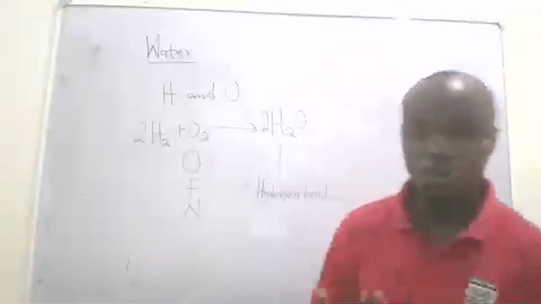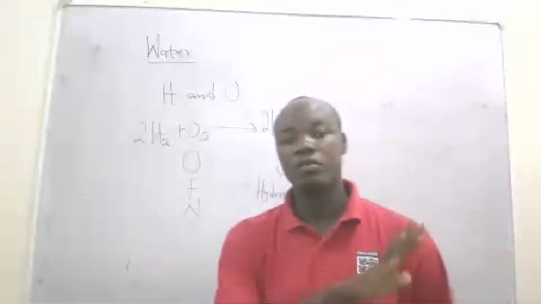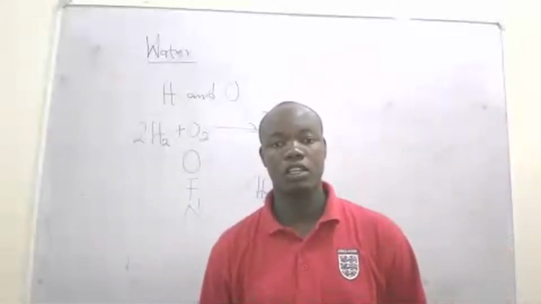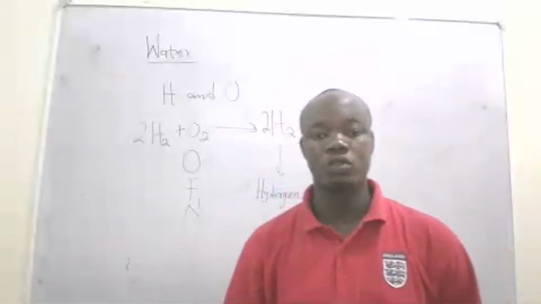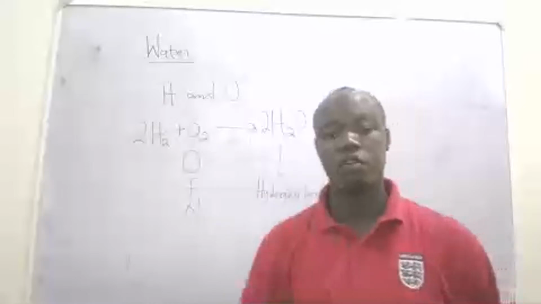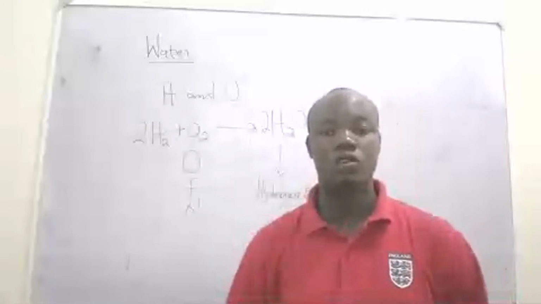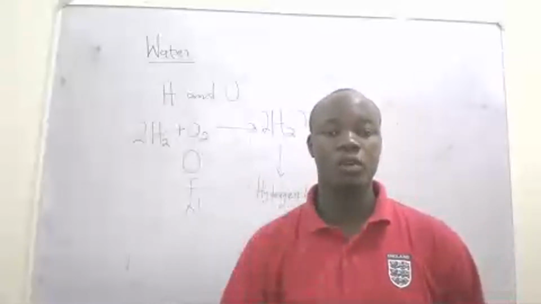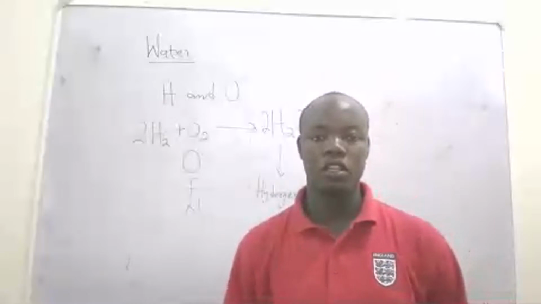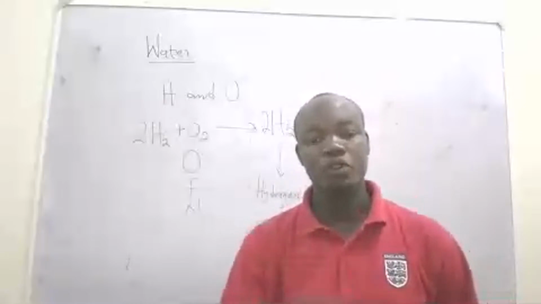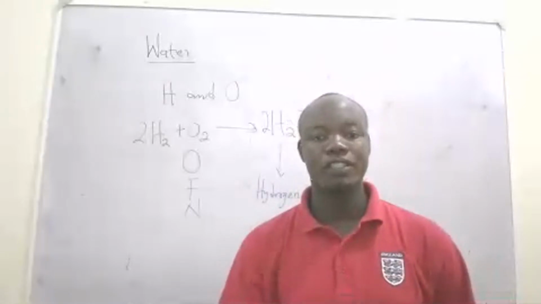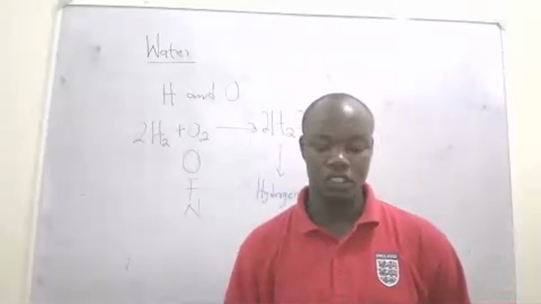Remember from the basic knowledge of chemistry that we have different types of chemical bonding: covalent bonding, hydrogen bonding, metallic bonding, and electrovalent bonding. So now the question is, what types of bonds exist between hydrogen and oxygen?